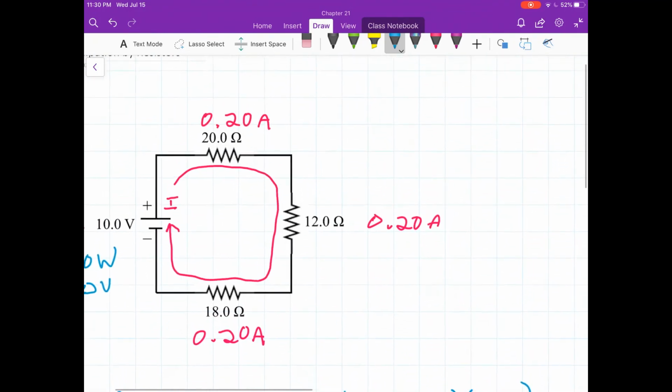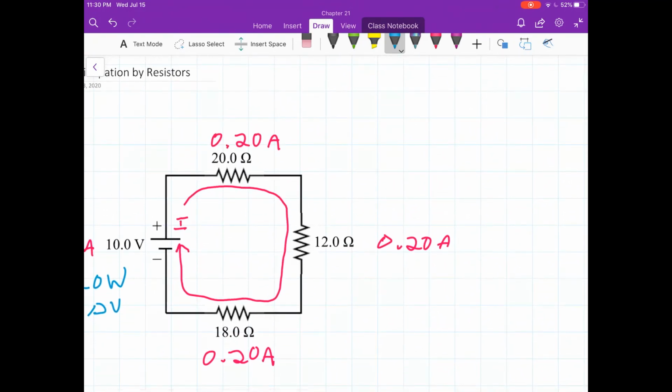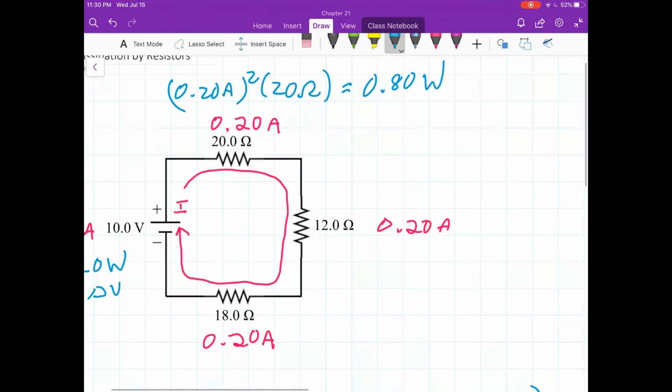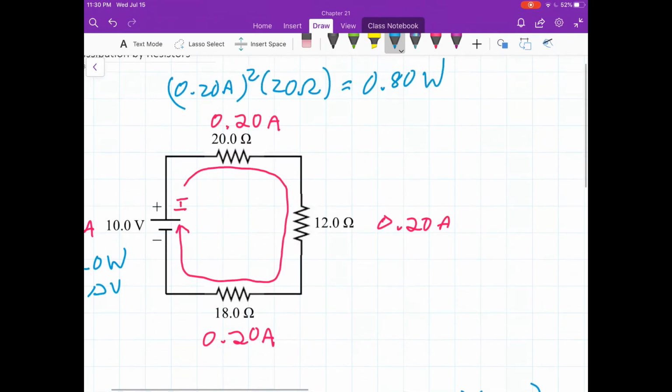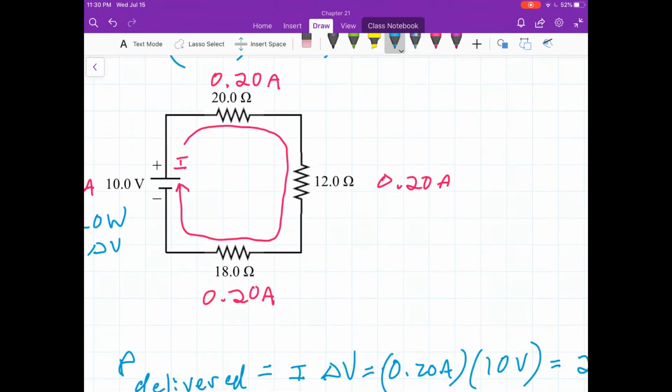So for this first one, we'll say 0.20 amp squared times 20 ohms. That is equal to 0.80 watts. That resistor. Next one has the same current. 0.20 amp squared times 12 ohms.